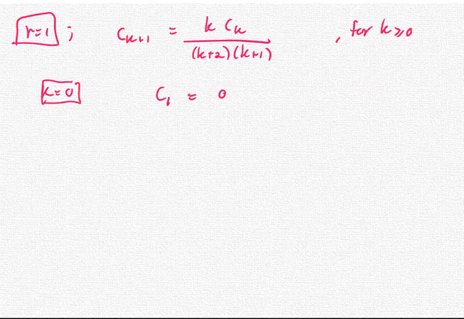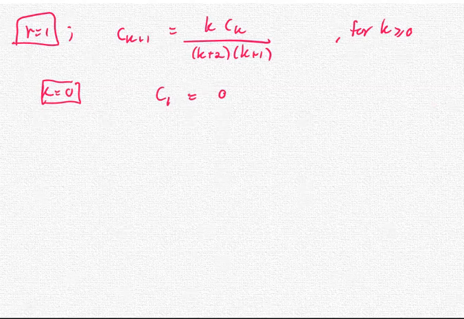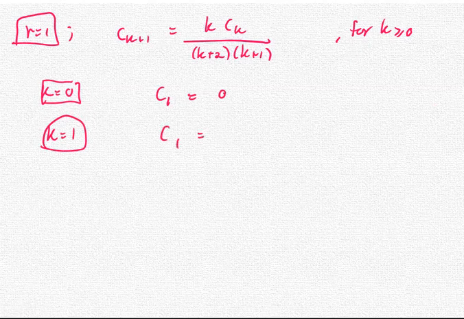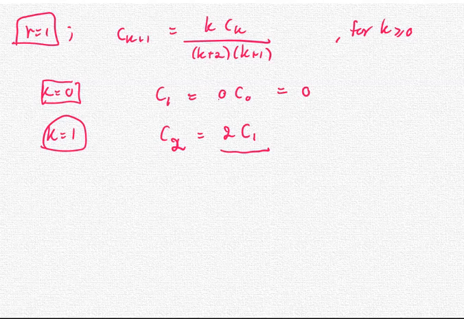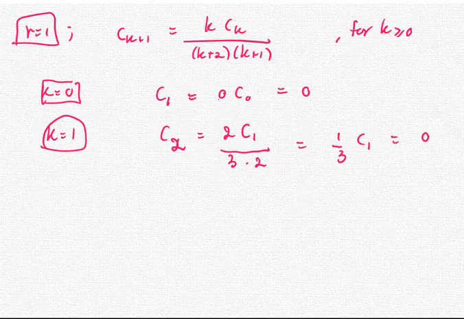And then for k equals 1, we have c_2 equals 2 times c_1 divided by 3 times 2, which is 1 over 3 times c_1. Since c_1 is already 0, we get c_2 equals 0.